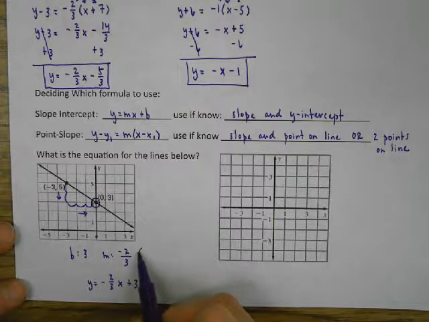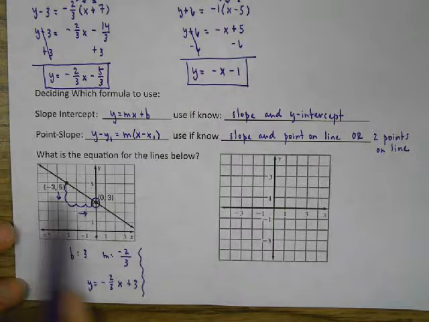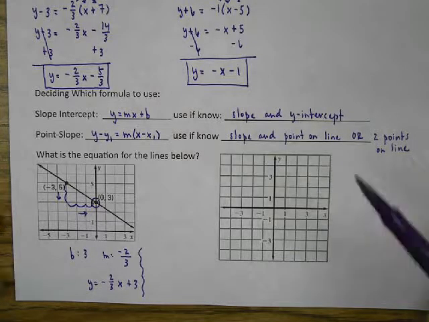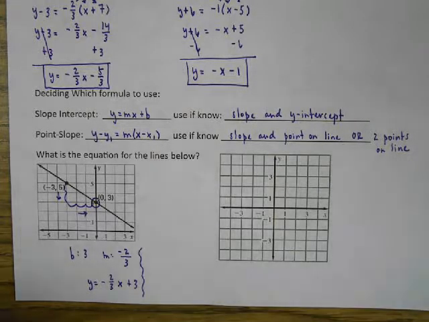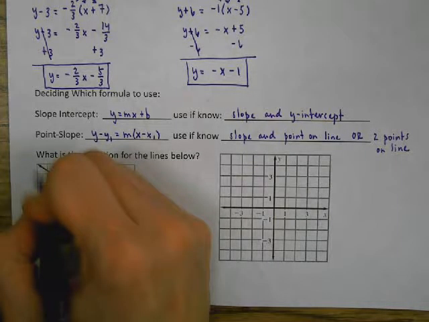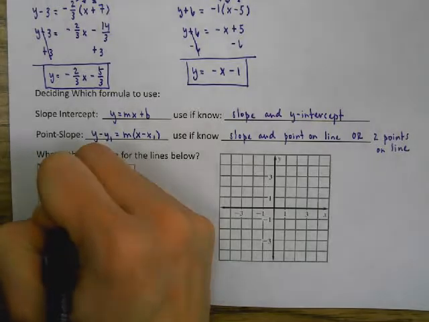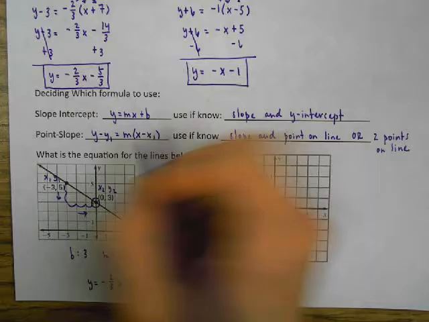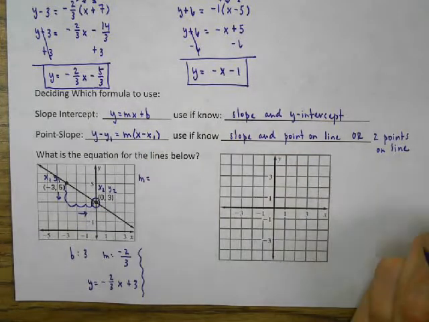So let's go ahead and do that here. Let's say I only noticed that I had 2 points, so I decided to do what we've been doing, use my slope formula and then point-slope form. Let's see if we really get to the same place. I'm going to call this one x1, y1, and this point x2, y2. So let's find the slope.